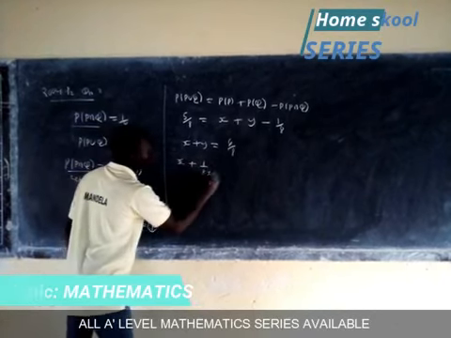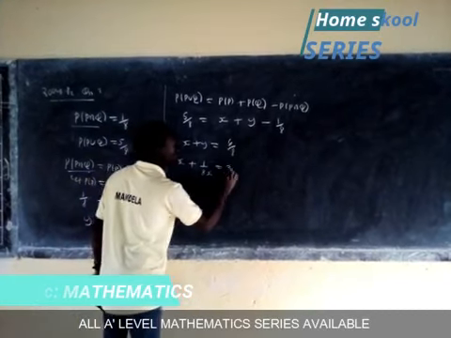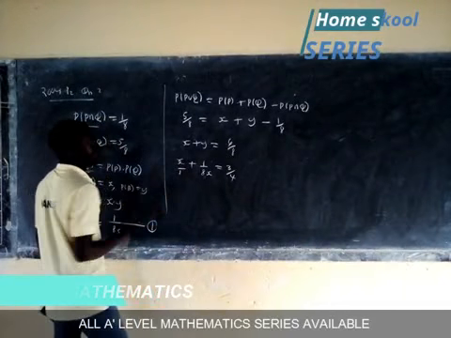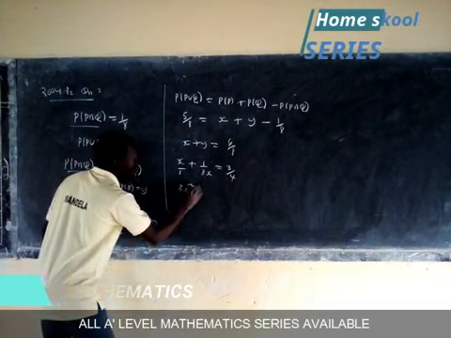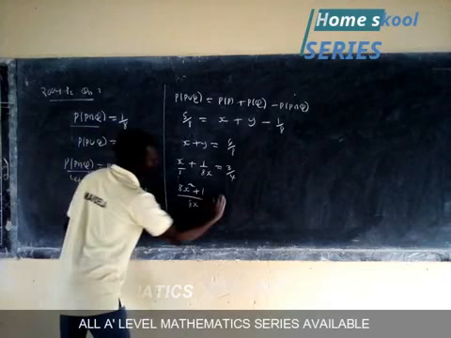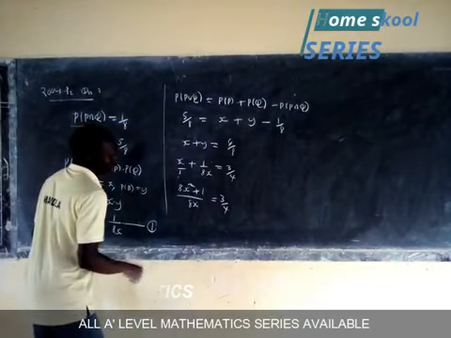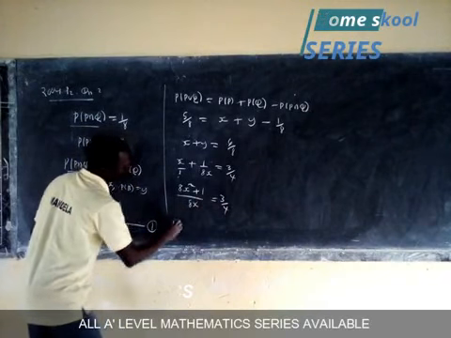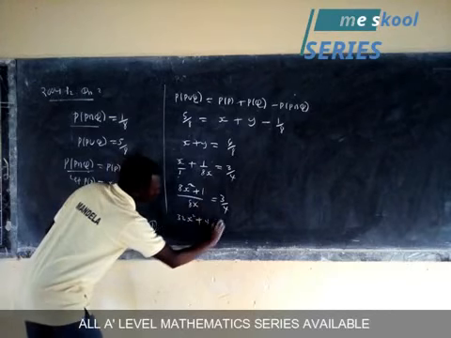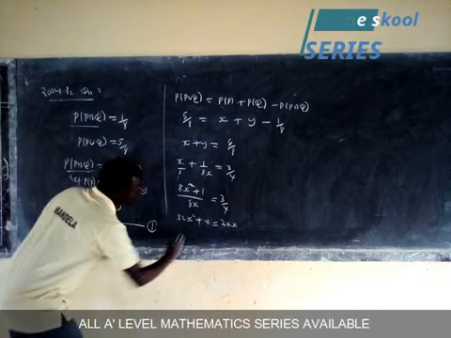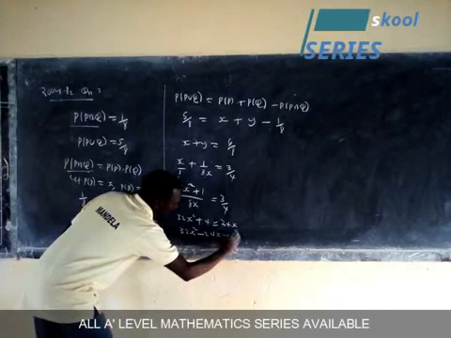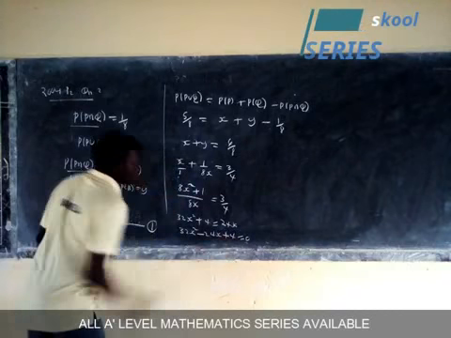This can be reduced by 2, giving 3 over 4. I can put here over 1 and I cross multiply, giving me 8x squared plus 1 divided by 8x is equal to 3 divided by 4. This one will become, this times that, 32x squared plus 4 is equal to 24x, giving us 32x squared minus 24x plus 4 is equal to 0.